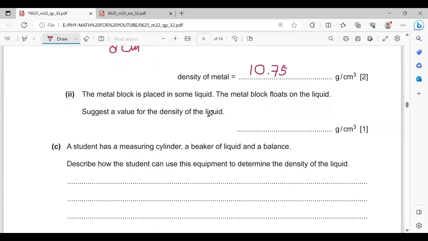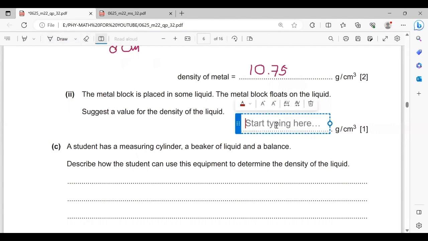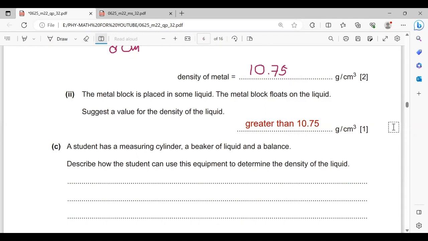So the value of the density must be greater than, wait, greater than 10.75. Okay.